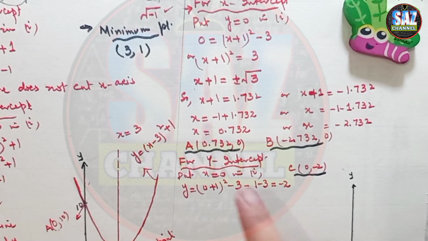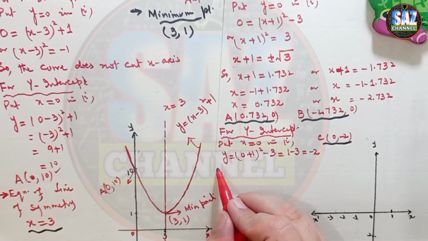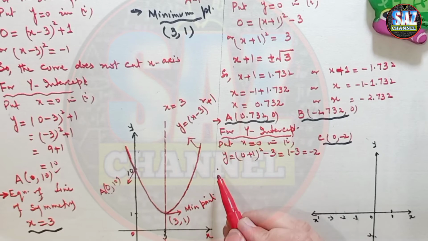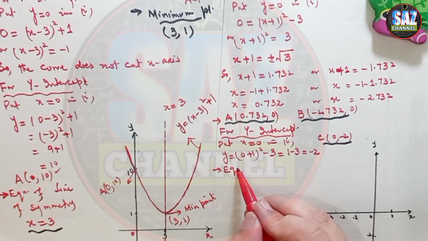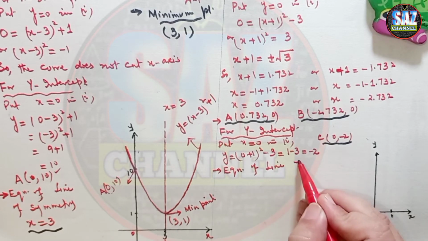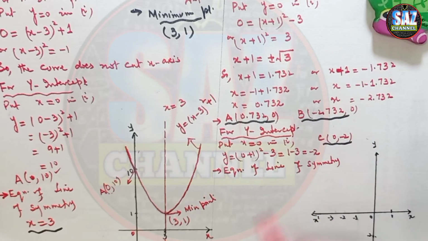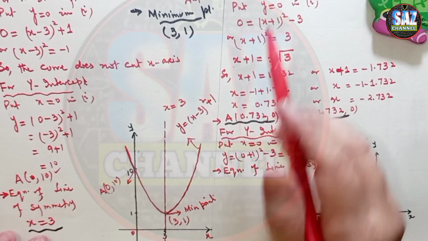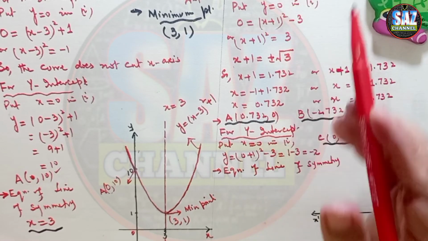And now, as we have the x-intercepts with us, we must have the line of symmetry as well. Equation of line of symmetry. Okay, now look, the equation is expressed in the form of p minus q whole square and minus q.